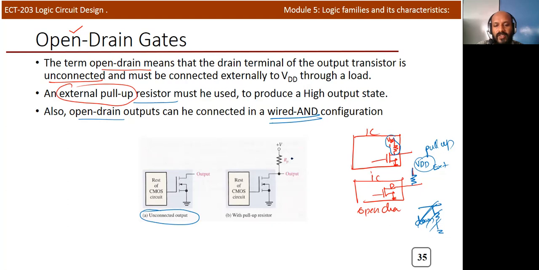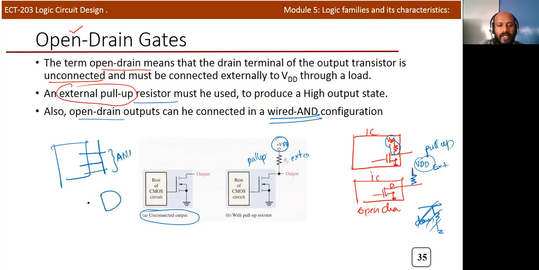So we need to connect an external resistor to VDD or VCC, and this connection is known as a pull-up resistor. One advantage is that if we connect like this, it can be configured as a wired AND. For example, if we connect the output terminals of open drain ICs, it is equivalent to an AND operation.